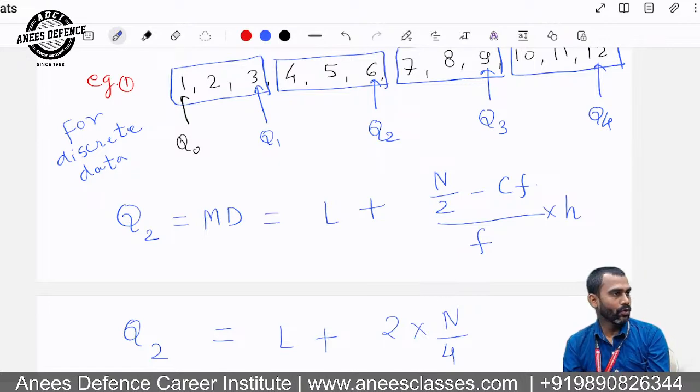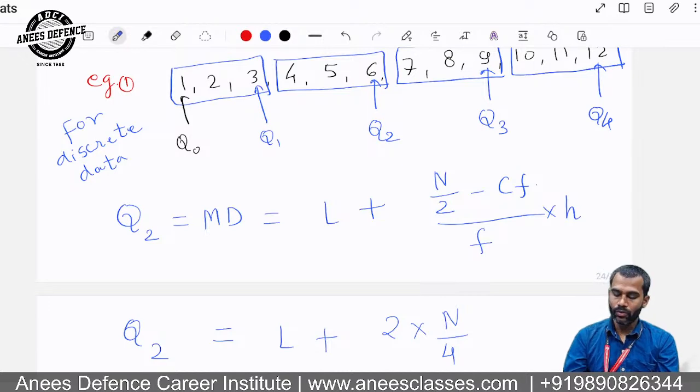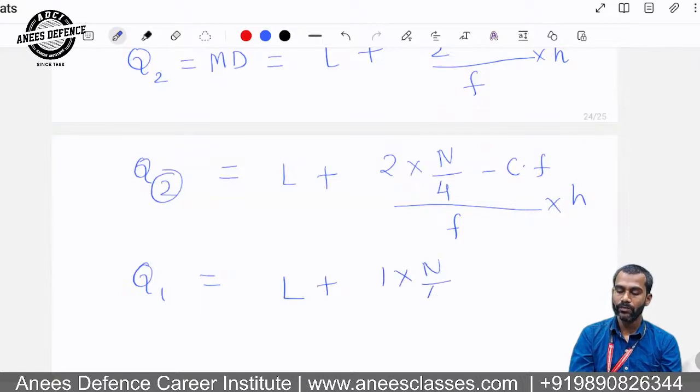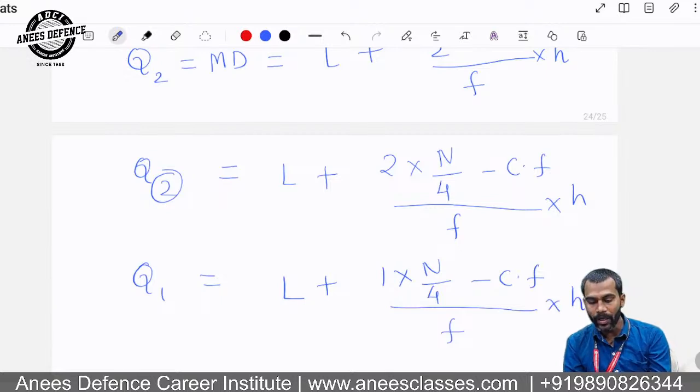N by 4 will be Q1, and since we have to find Q2, I have written 2 into n by 4 minus CF upon F into H. Is there any doubt? Similarly, Q1 would be L plus 1 into n by 4 minus CF divided by F into H.